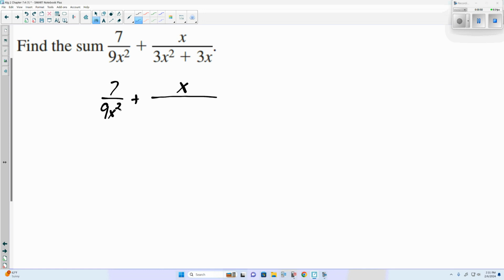It is as simplified as it gets. 3x squared plus 3x, how can we factor it? It has a greatest common factor of 3x, and we can factor it out of both terms, because if we factor the 3x out of 3x squared, we're left with x, plus 3x factored out of 3x is 1.